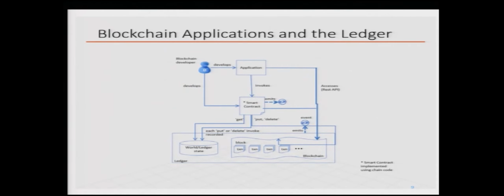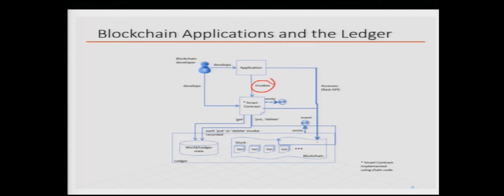So the blockchain applications invoke smart contracts. An application, as we saw, is like a dApp, a distributed application. It has the ability to also query the blockchain, and this access has to be provided through what we call REST APIs.